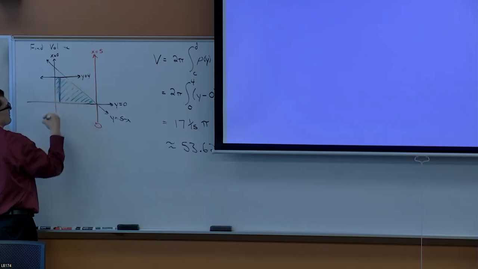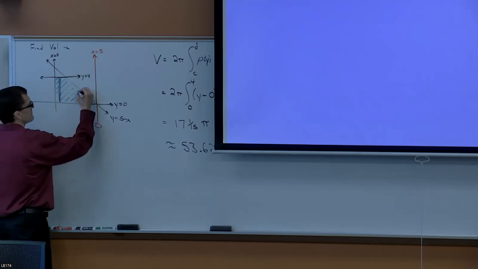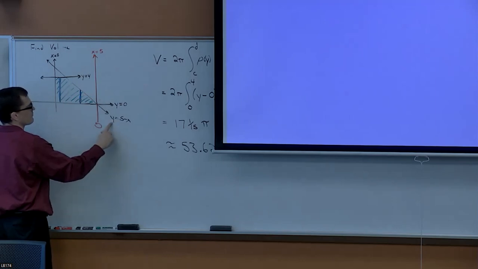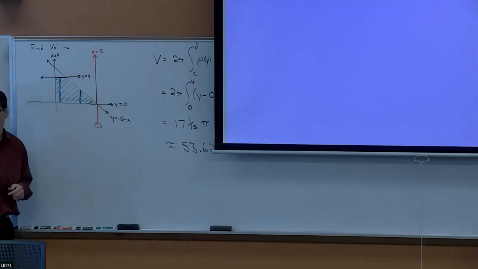Anybody see that? In another section, my Riemann sum rectangles are not going to go from y equals 4 down to y equals 0. They're going to go from y equals 5 minus x down to 0.